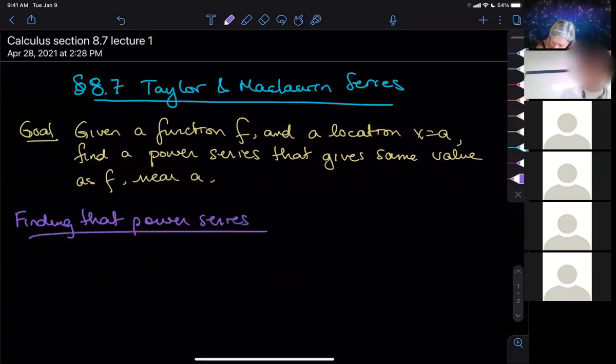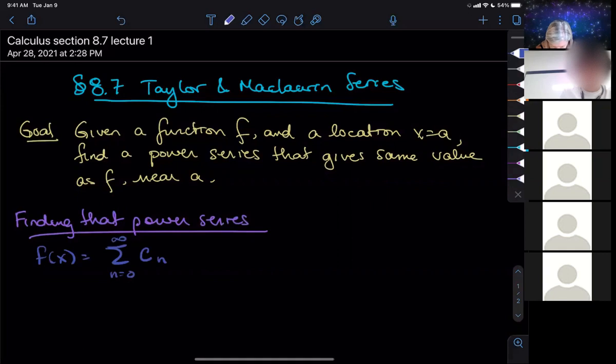We know what a power series looks like. A power series f of x looks like the sum from n equals 0 to infinity of some constants times (x minus a) to the nth power. It's a bunch of powers of x minus a.